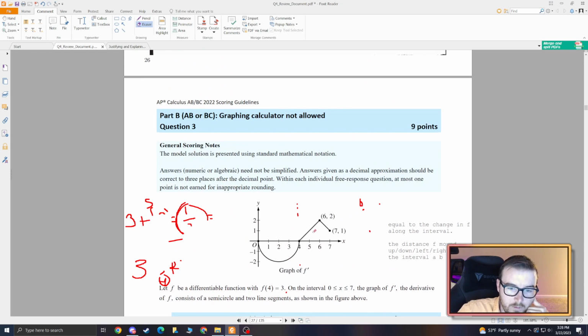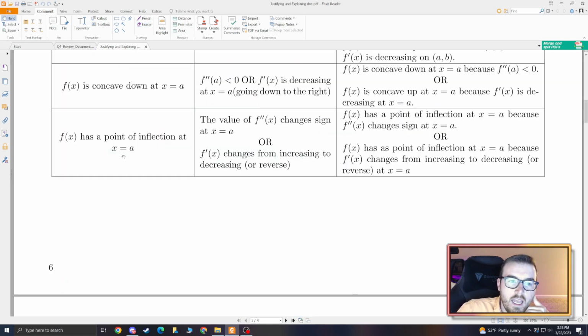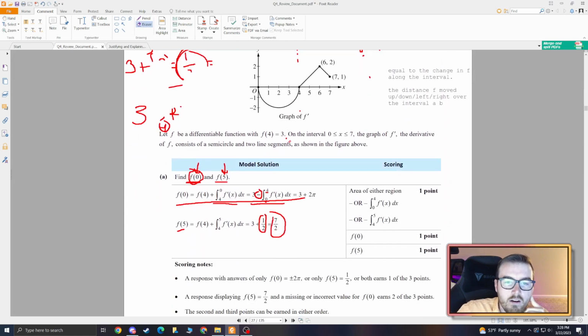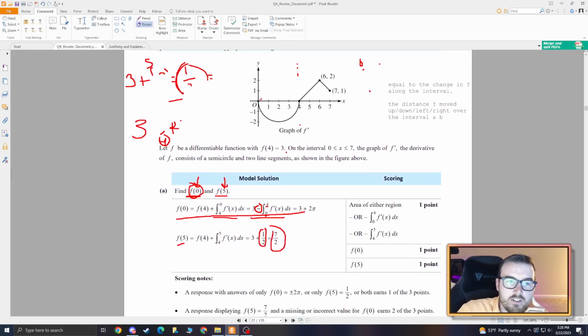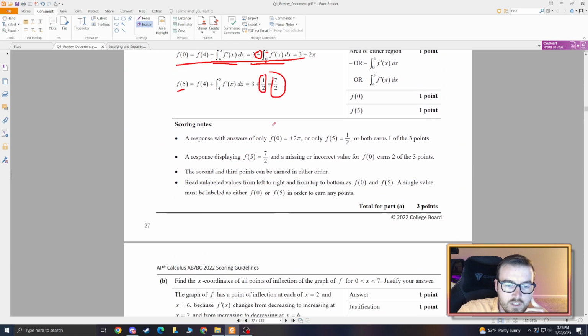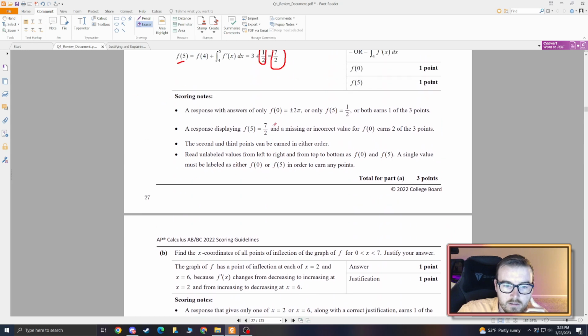This is f prime. So a point of inflection occurs when f prime changes from increasing to decreasing. So where on this graph is the derivative changing from increasing to decreasing?